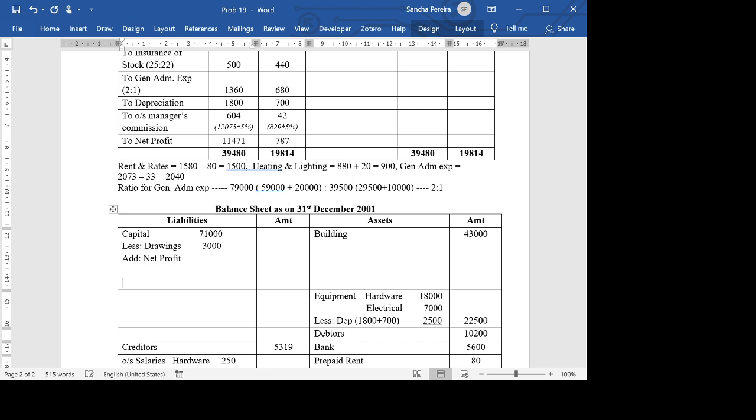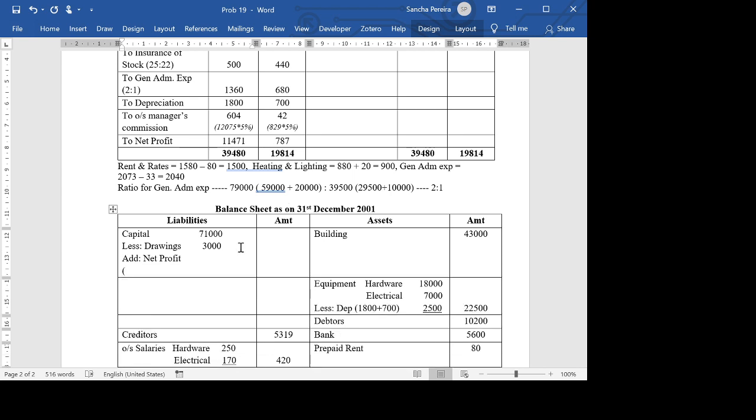So the net profit of the two departments, I will just show the calculation here instead of showing it separately. 11,471 plus 787, which comes to 12,258. So 71,000 minus 3,000 plus 12,258. The final total here will be 80,258.